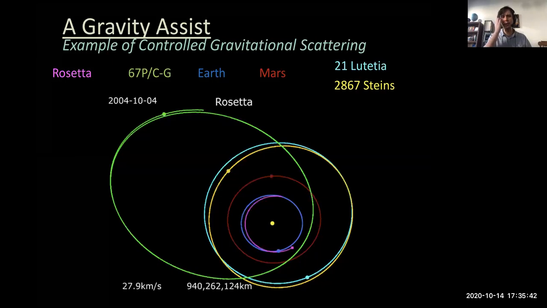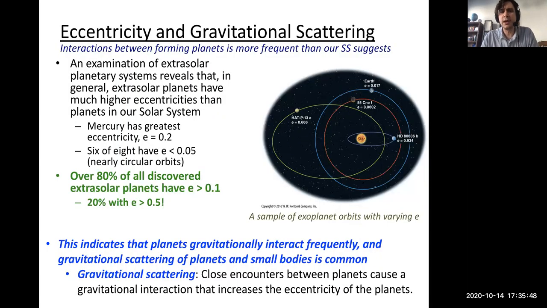And I want to show you what a controlled version of gravitational scattering looks like. What I'm going to show you is what's called a gravitational assist. And this is how we design spacecraft so we can use the minimum amount of fuel. Basically we can alter a spacecraft's orbit through a close encounter with another object in our solar system, a planet or an asteroid.